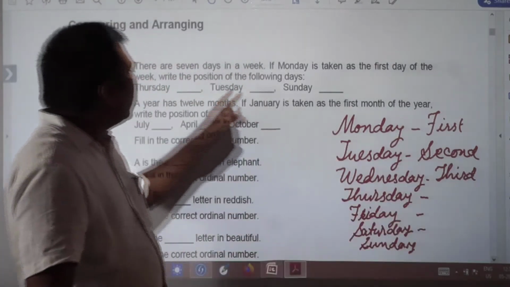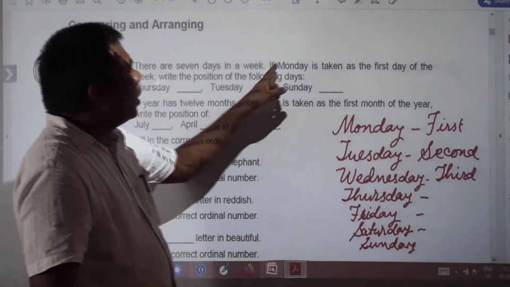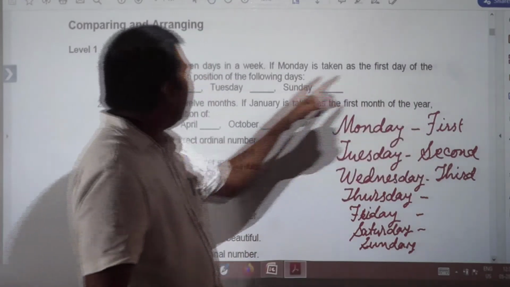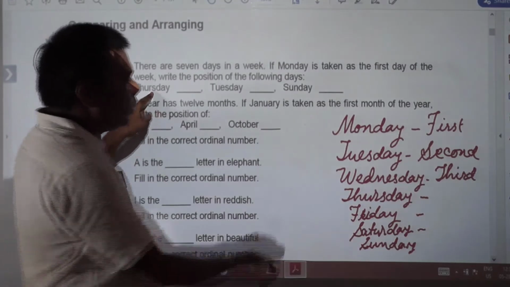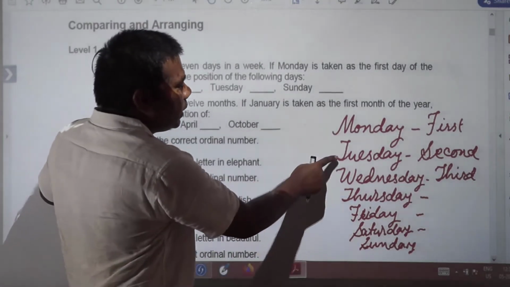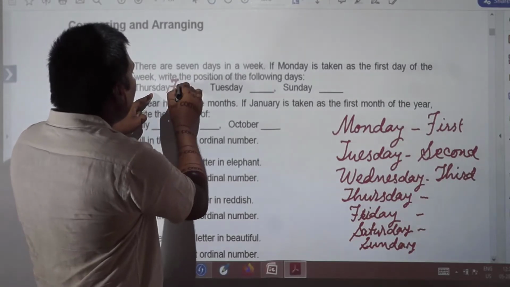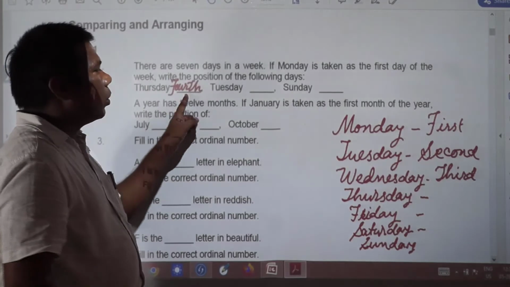Got it? Now here your question is, there are 7 days in a week. If Monday is taken as the first day, write the position of the following days. Thursday you see, first, second, third, fourth. So in which position is it coming? Fourth. So it should be written as fourth.